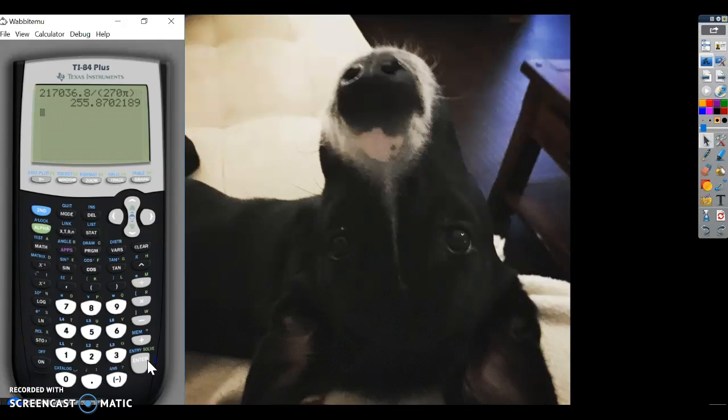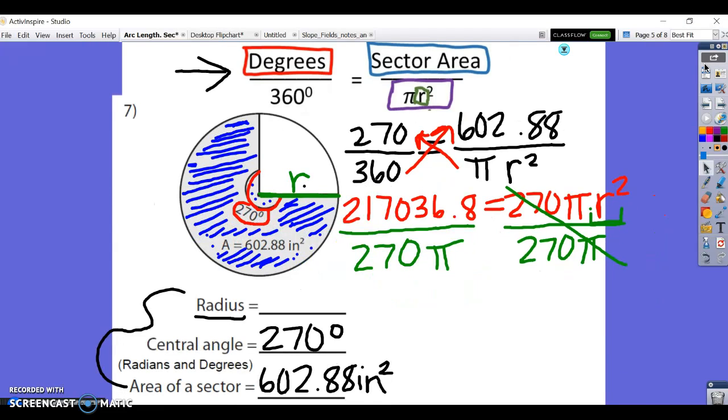Boom. Enter. 255.9. Go back to my other thing. Okay, so I know that that is equal to 255.9 is equal to r squared.